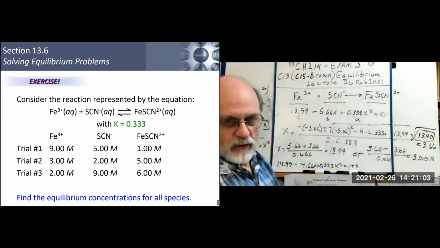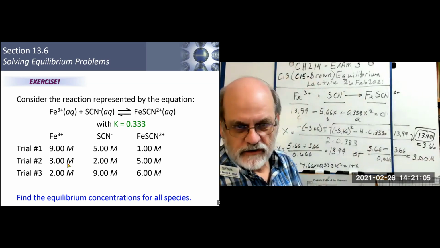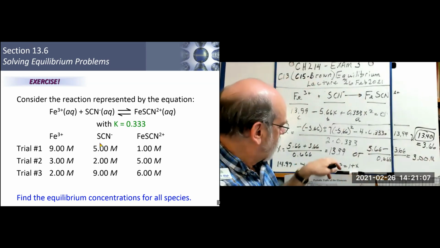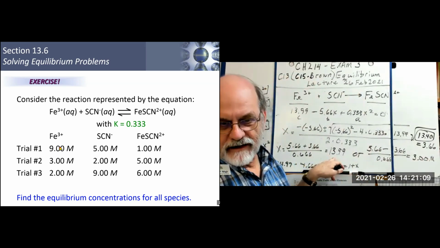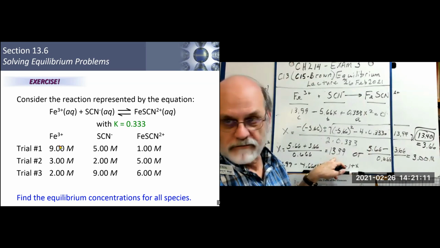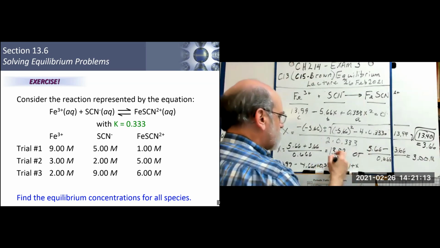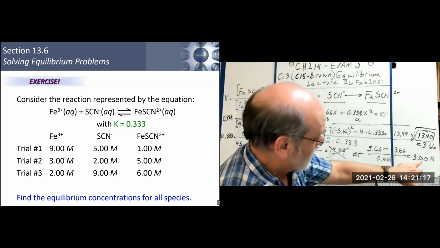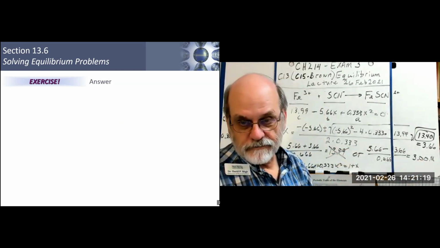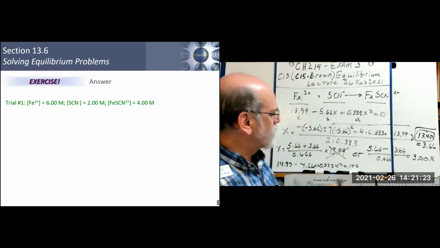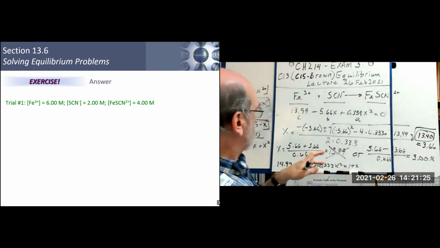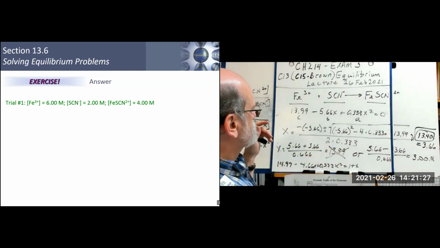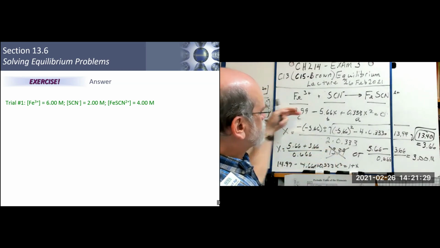All right. So we look back at our original concentrations, 9 and 5. How are you going to get 14 out of 9 when it's a 1-to-1 ratio? Won't happen. So that one is out. Well, that's your answer for x, which was subtracted from both sides.